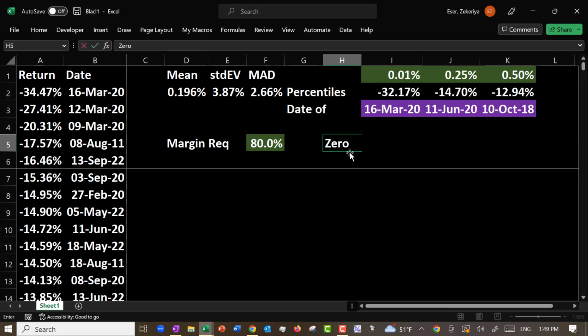Or zero equity points. This is going to be a point such that if after buying $100 worth of stuff, the stock itself goes down by that much percent, the client will have zero equity on that stock.